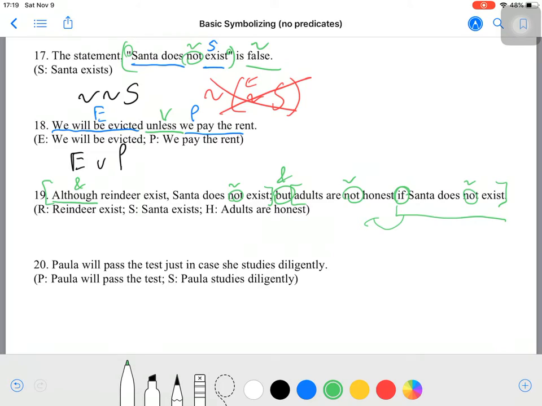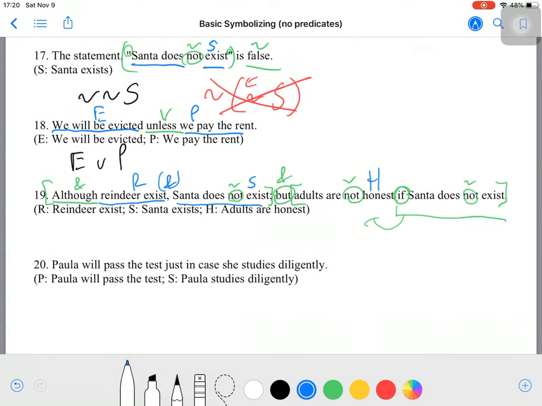So we're going to have to flip some things around. But let's start with the first part. Although reindeer exist, R, Santa does not exist, not S. So this also could be translated that reindeer exist and Santa does not exist. Then on the right side, adults are not honest.